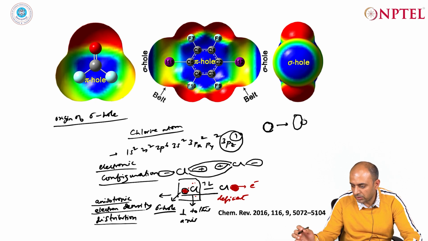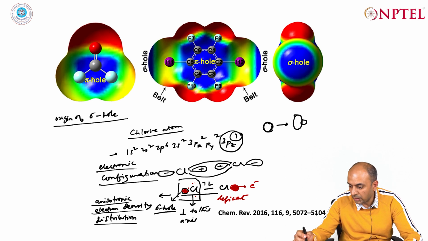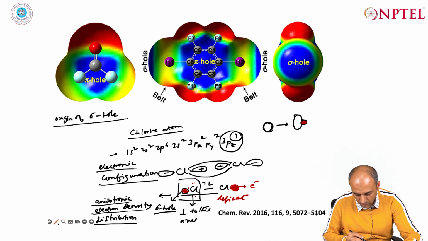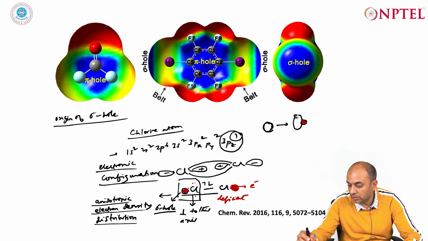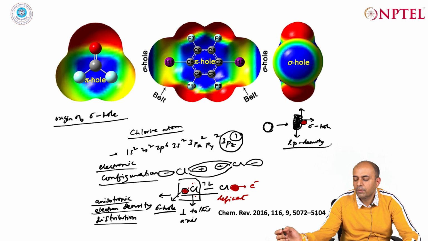We have a deformation in the atom such that we have the sigma hole here, and this is the electron rich region. This is along the bond axis, this is perpendicular to the bond axis, this is the sigma hole, and this is the lone pair density.